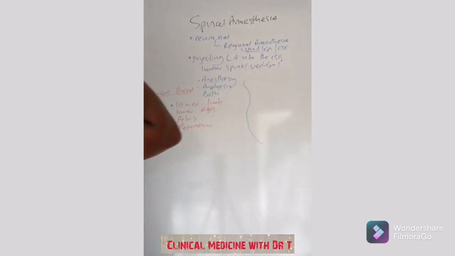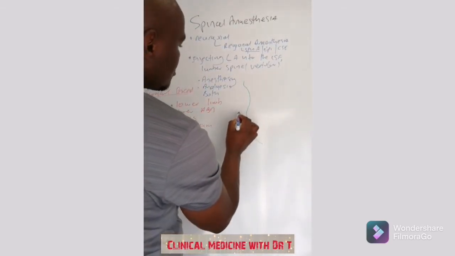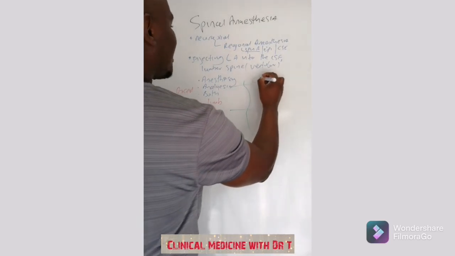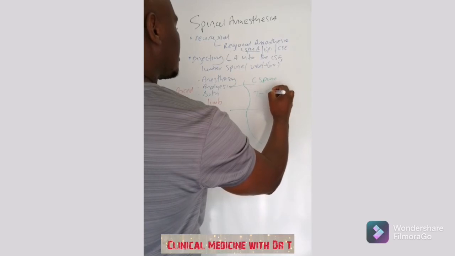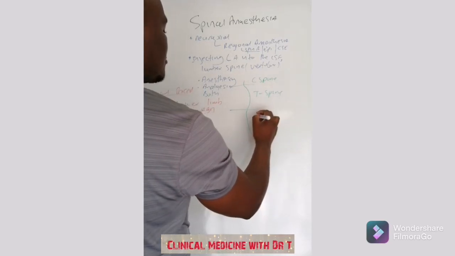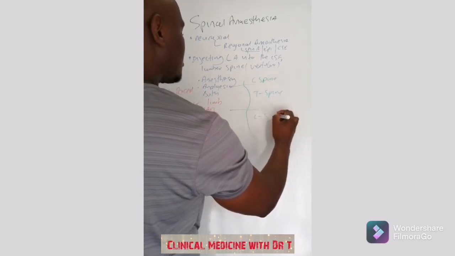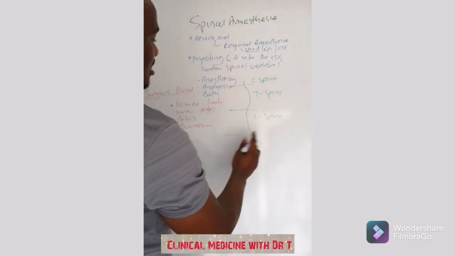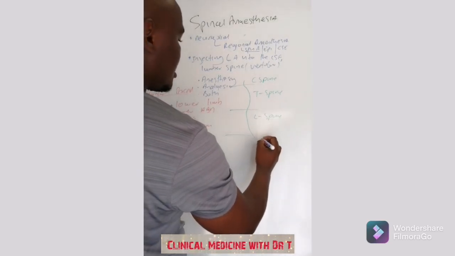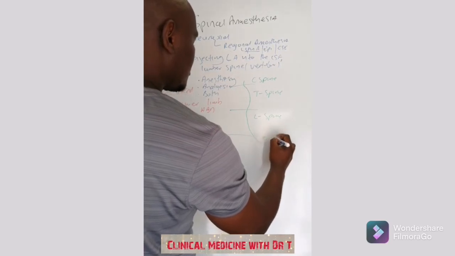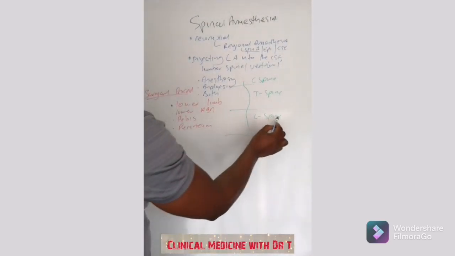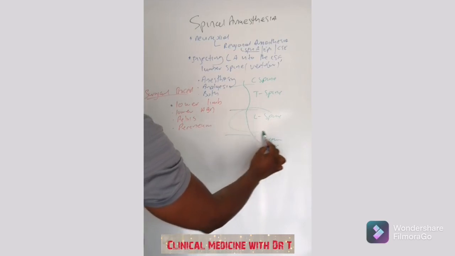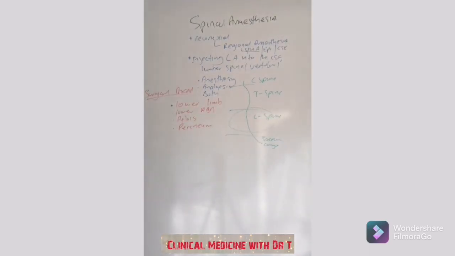Then you've got your C-spine there. This is our C-spine, this is our T-spine, this is our L-spine. And then you've got your sacrum and your coccyx. So this is the area of concern when you are doing a spinal.